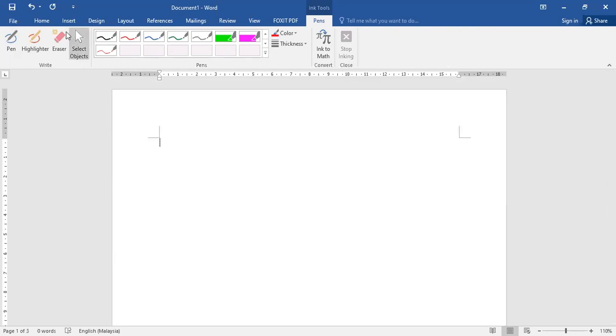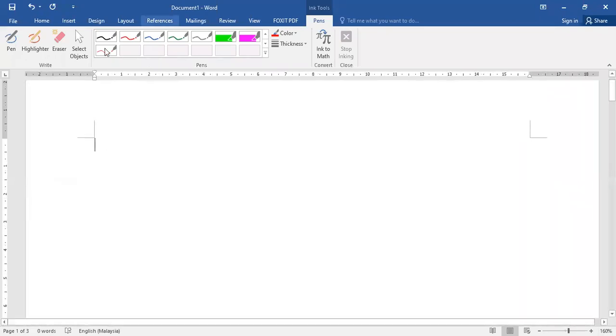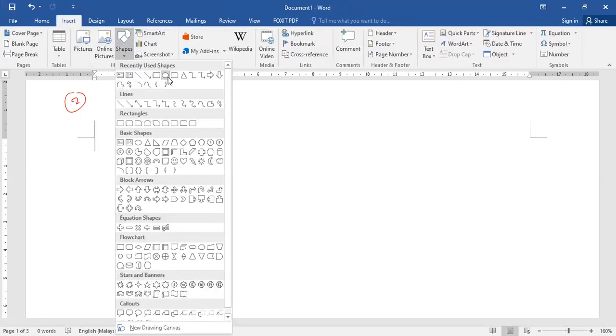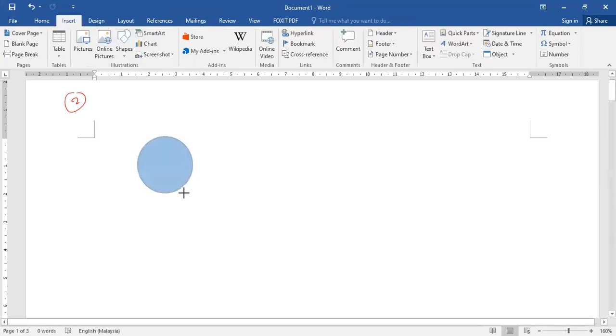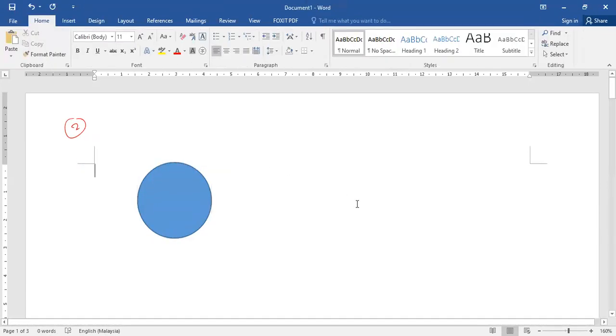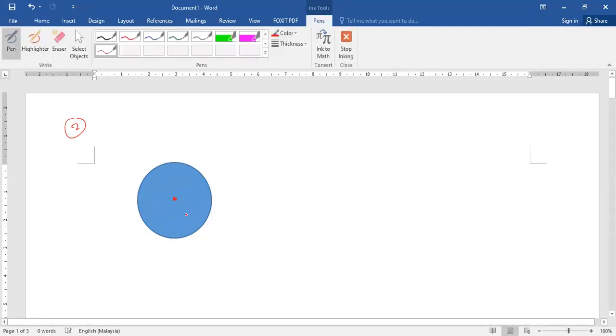For question number 2, let's say there is a circle. Let's say this is the circle, and this will be the center.